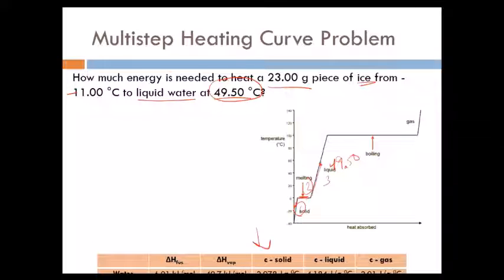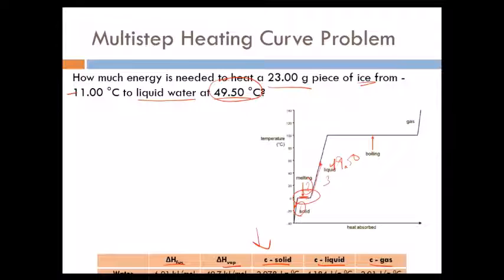Now, in these problems, of course, they give you all of the data here in a table to use. Heat of fusion, heat of vaporization, the specific heat of the solid form, the liquid form, and the gaseous form, because they are different values. So ice has a different specific heat than liquid water, which has a different specific heat than the water vapor. Heat of vaporization and the heat of fusion numbers are also provided here.